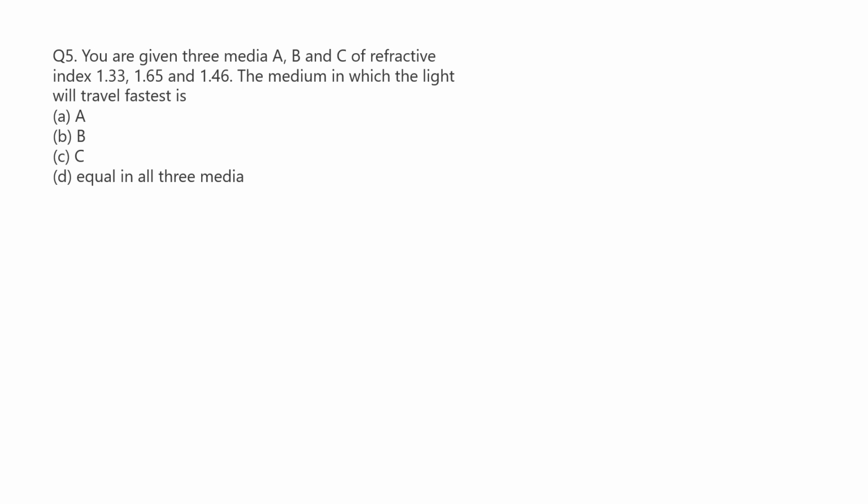You are given three media A, B and C of refractive index 1.33, 1.65 and 1.46. The medium in which the light will travel fastest is, of course, the medium which has the least refractive index. A medium with less refractive index has less optical density, which means the light travels faster in that medium.